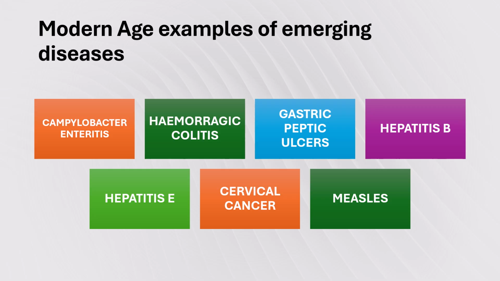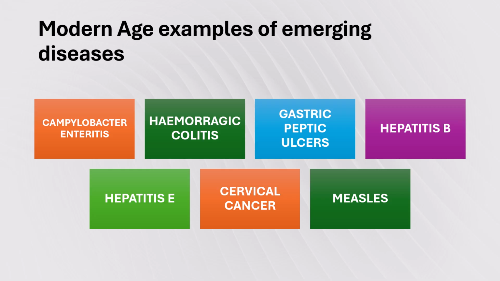Hepatitis B, caused by increased unsafe sexual activity because of the changing human cultural and socio-economic conditions. Hepatitis E, this is a newly recognized virus which has recently started doing rounds. Cervical cancer caused by the human papilloma virus.